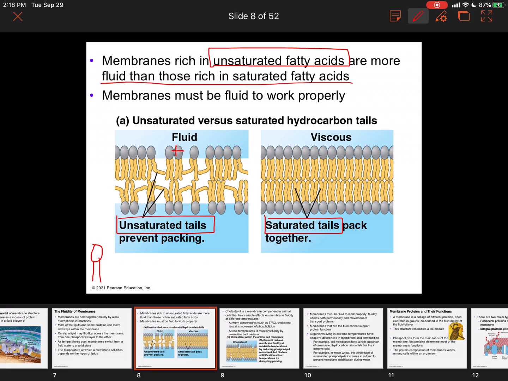If those tails have double bonds in the carbons and the hydrocarbons that belong to the tails, then the tails will be kinked, like this example right here. And when the tails kink, it allows for some flexibility in the cell membrane. The phospholipids can't pack tightly, and then it helps to keep it fluid.